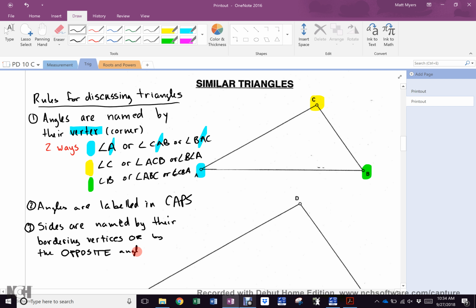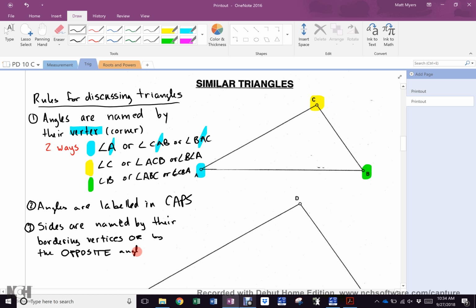Use what you just learned to name all three sides of the big triangle. Both ways. It should take like 10 seconds. What is this side?